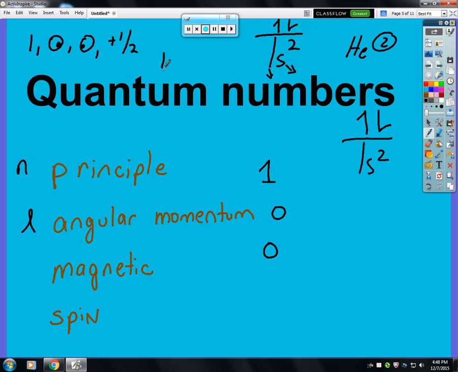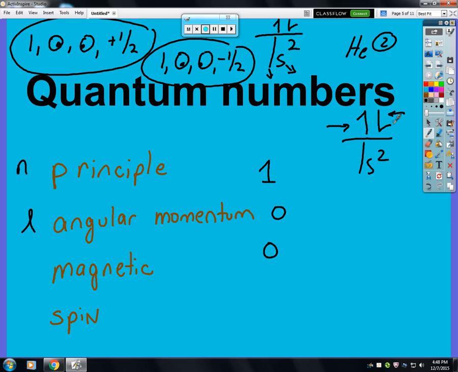It's also found on the first energy level, in the S spot, think eyeballs, and it's spinning down, so it's negative 1/2. So this is the quantum number for this electron, and this is the quantum number for that electron. It's like its address. If you notice, they're alike in that they both have a 1 and a 0, but this one's spinning up and this one's spinning down. If it's spinning up, it's plus 1/2. If it's spinning down, it's minus 1/2.